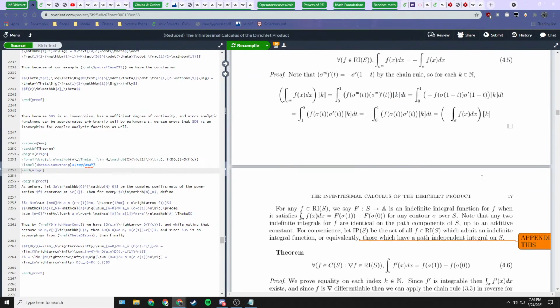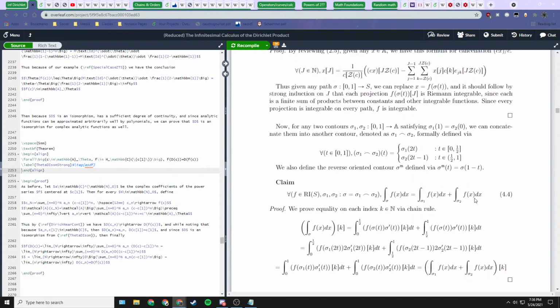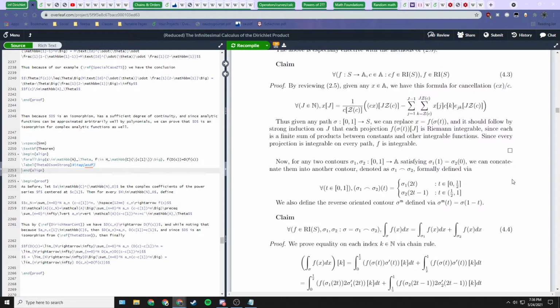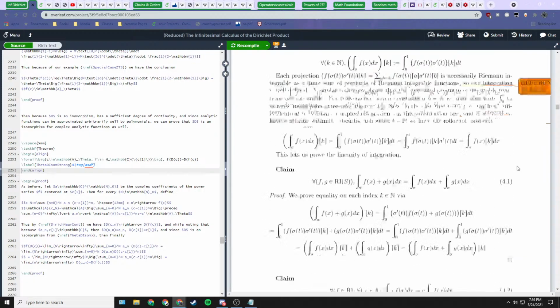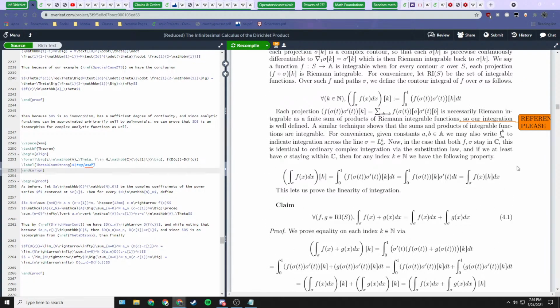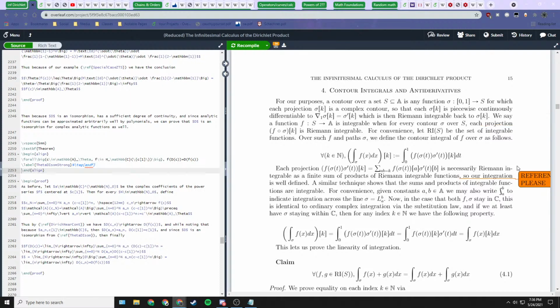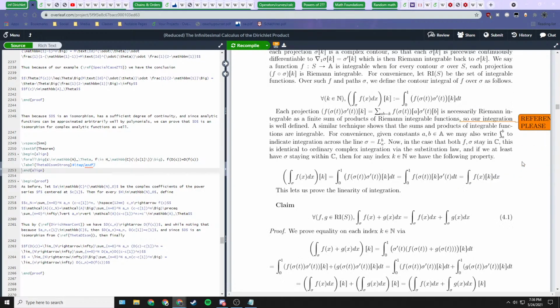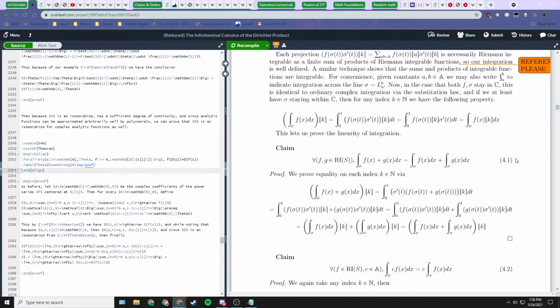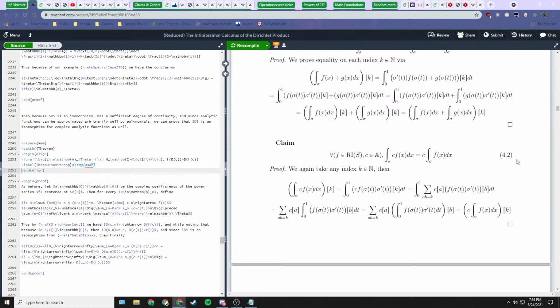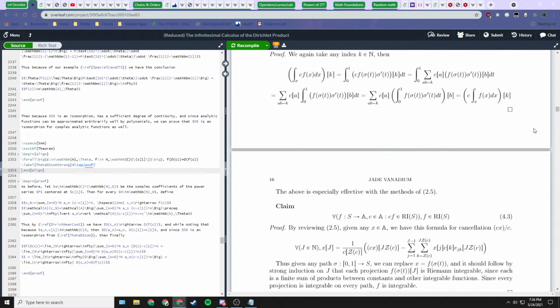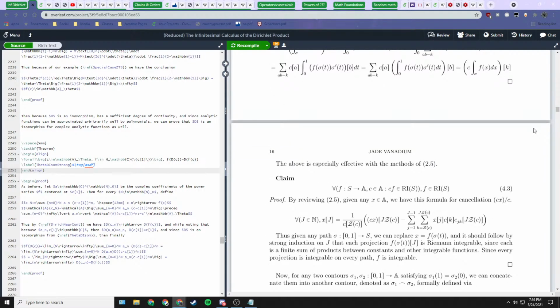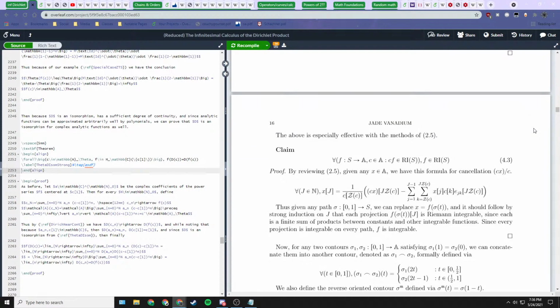This is C sub R. I think I may have written that to be the set of functions which are, oh gosh, I actually don't know.